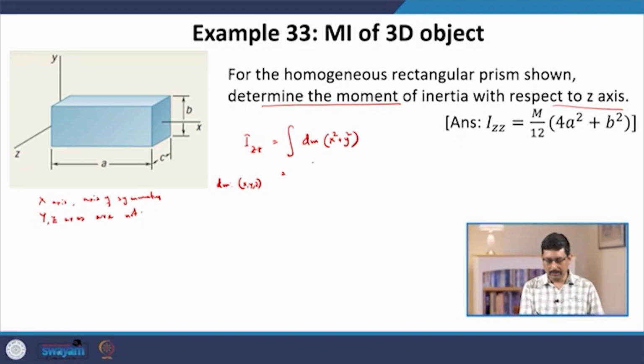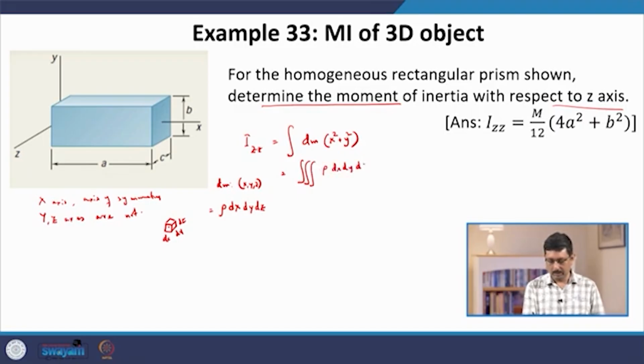Now, if the density of the material is rho, then the volume of this element, a little cubic cell with width dx, height dz and breadth dy, is dx times dy times dz, and times density gives us the mass. So, this is a 3-dimensional integral of rho dx dy dz times x square plus y square.